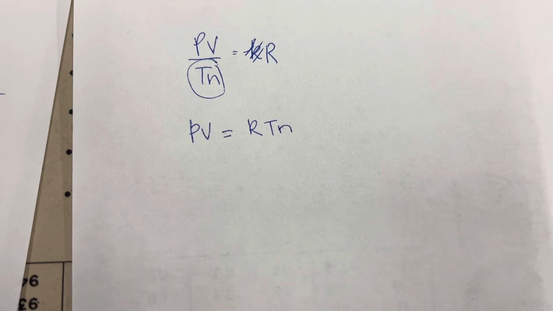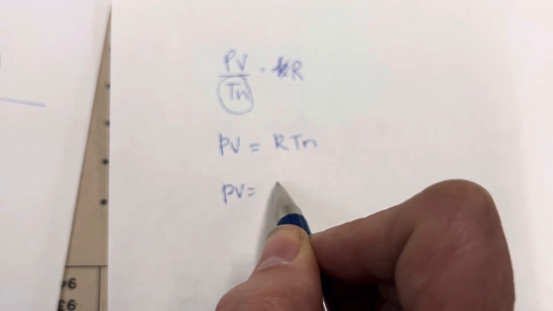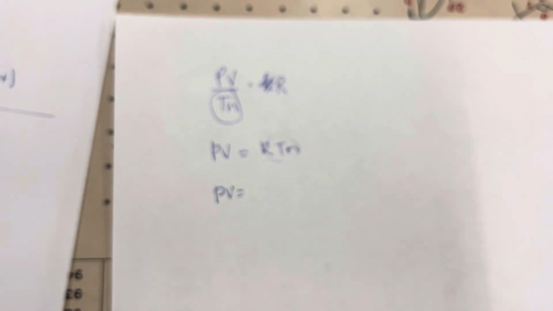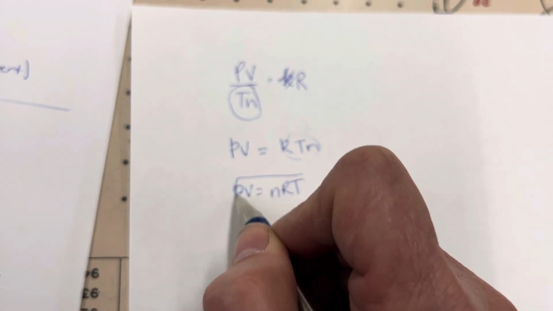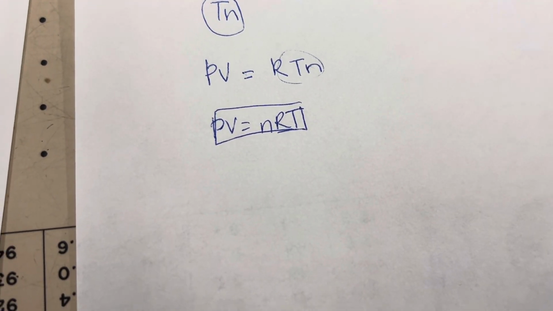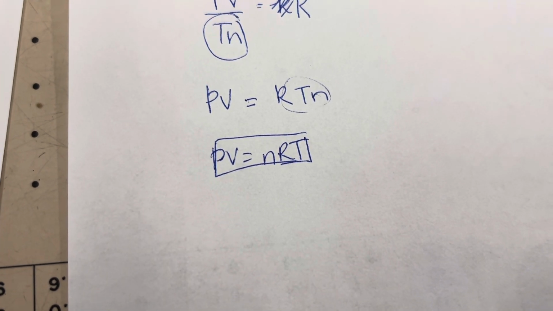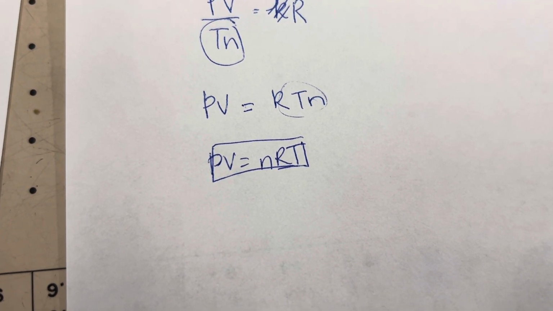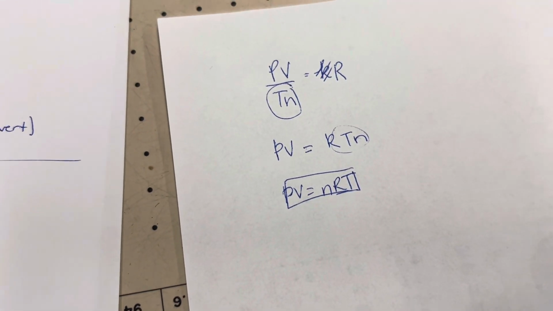Now we don't write it in that final format. We rewrite it so that the RTn is written as nRT. And this is the ideal gas law. PV equals nRT. Let's put it to work.